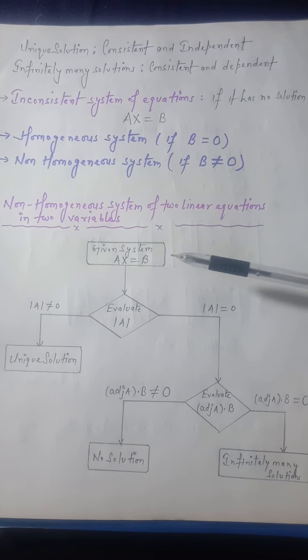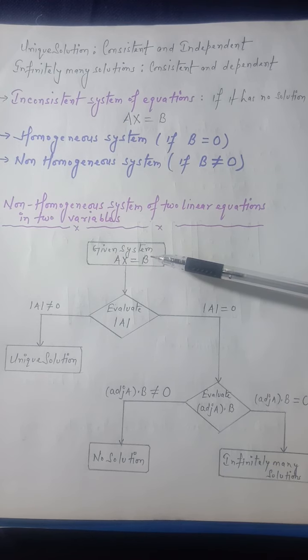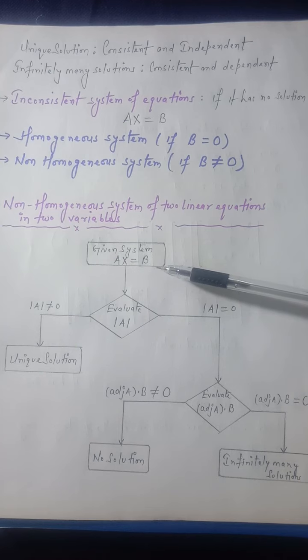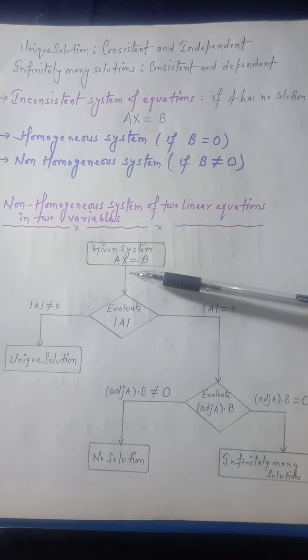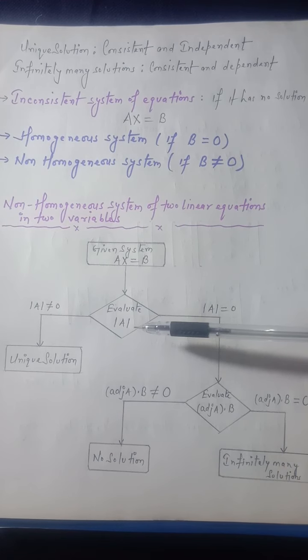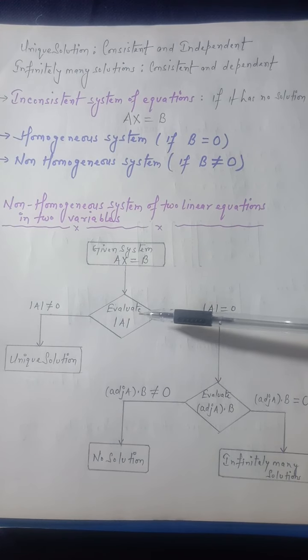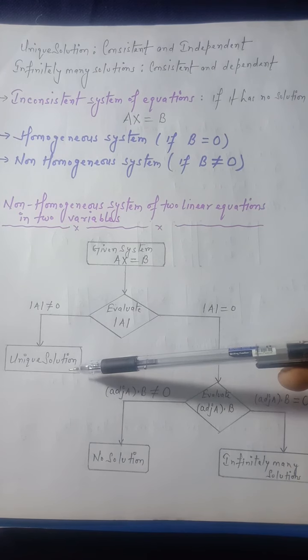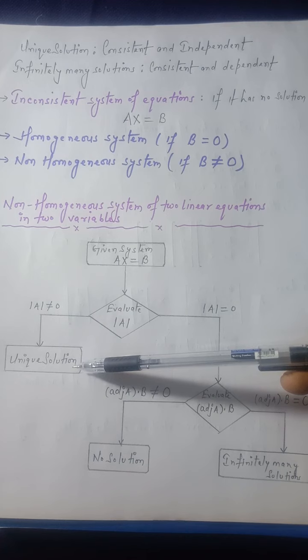So first of all, you will write the given system of equations in the form of Ax = B, and then evaluate the determinant of A. Suppose your determinant of A is non-zero, it means you will say that a unique solution exists.